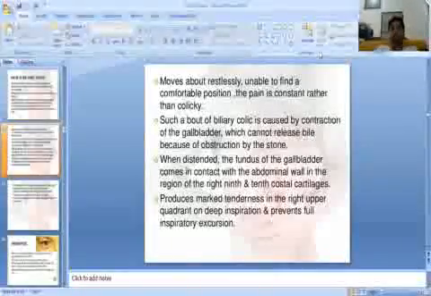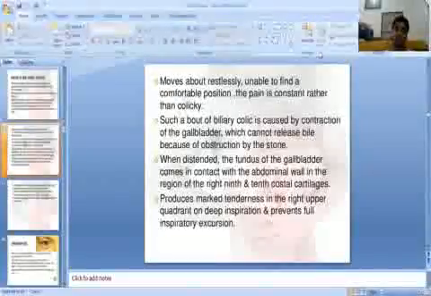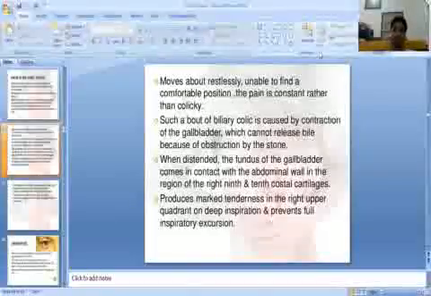Such a bout of biliary colic is caused by contractions of the gallbladder, which cannot release bile because of obstruction by the stone. When distended, the fundus of the gallbladder comes in contact with the abdominal wall in the region of the right ninth and 10th costal cartilage.